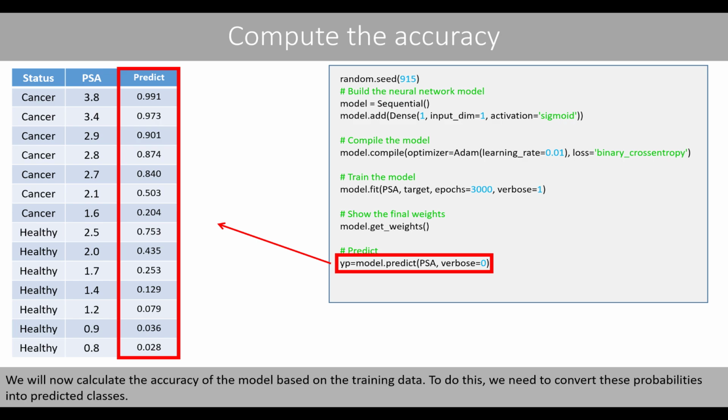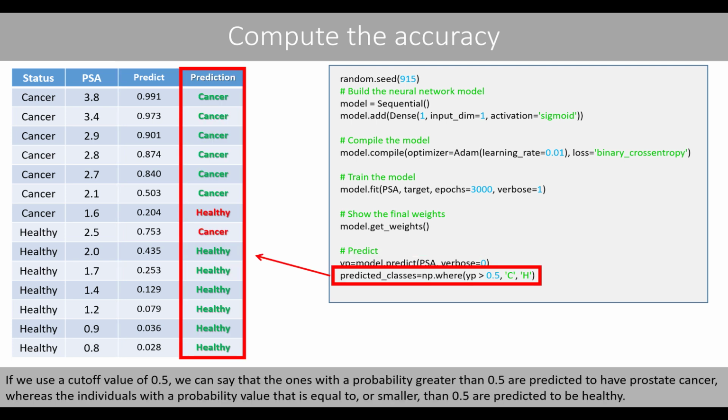We will now calculate the accuracy of the model based on the training data. To do this, we need to convert these probabilities into predicted classes. If we use a cutoff value of 0.5, we can say that the ones with a probability greater than 0.5 are predicted to have prostate cancer, whereas the individuals with a probability value that is equal to or smaller than 0.5 are predicted to be healthy.